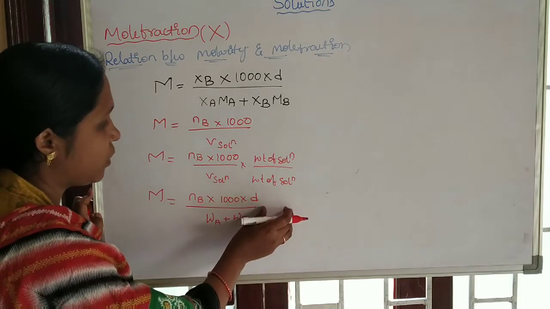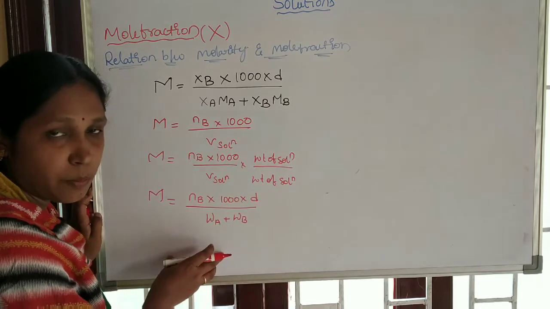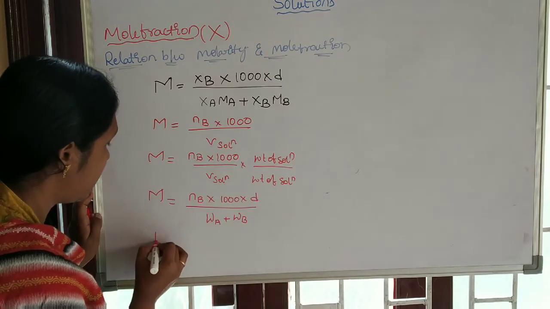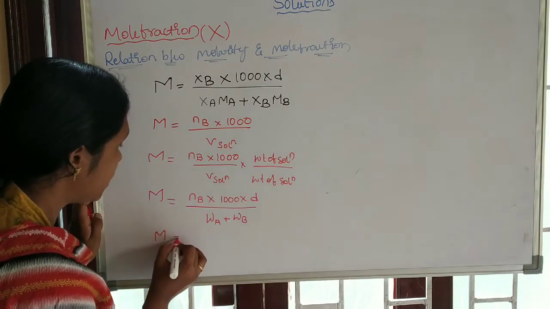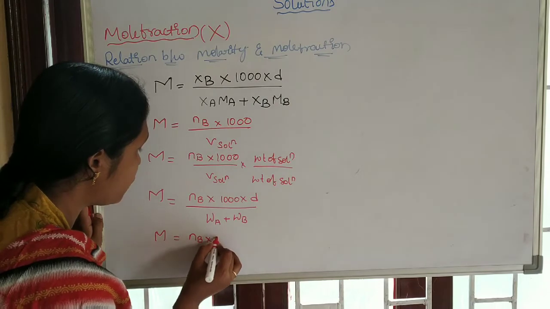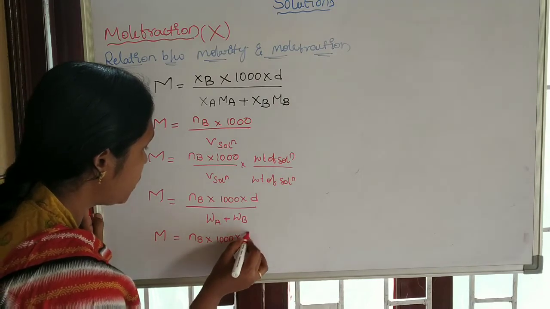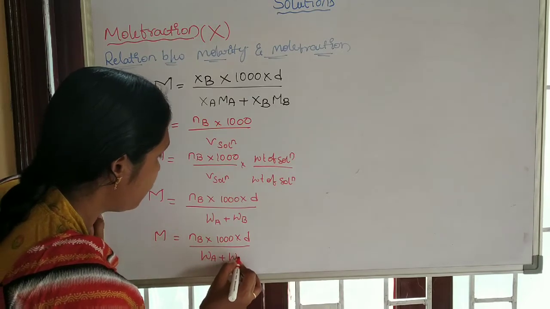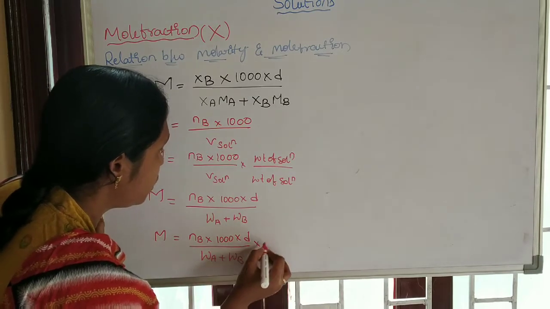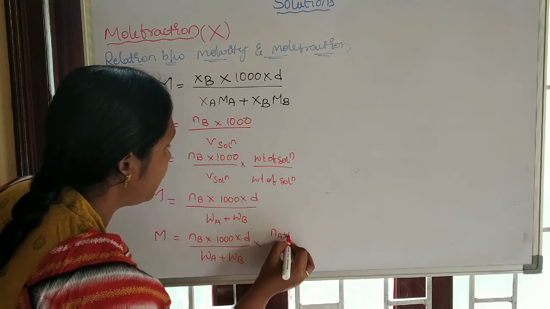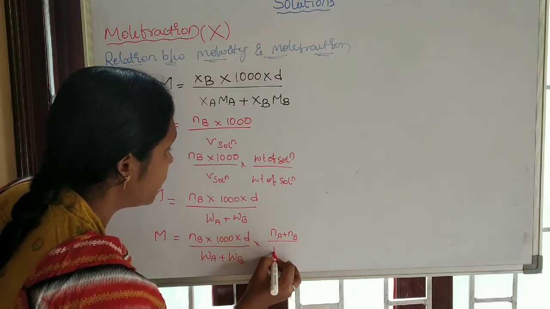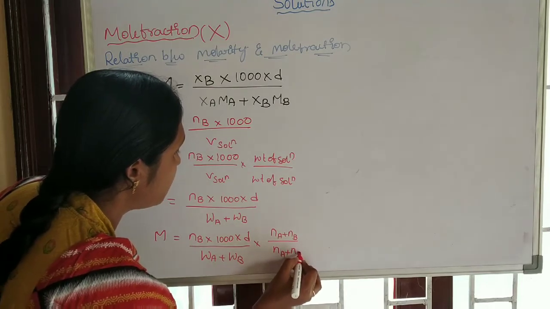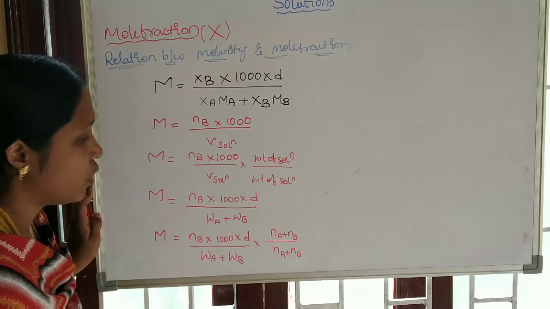And next, further multiply and divide by the sum of the number of moles of solvent and solute. Molarity is equal to number of moles of solute into 1000 into density by weight of solute plus weight of solvent, into number of moles of solvent plus number of moles of solute divided by number of moles of solvent plus number of moles of solute.